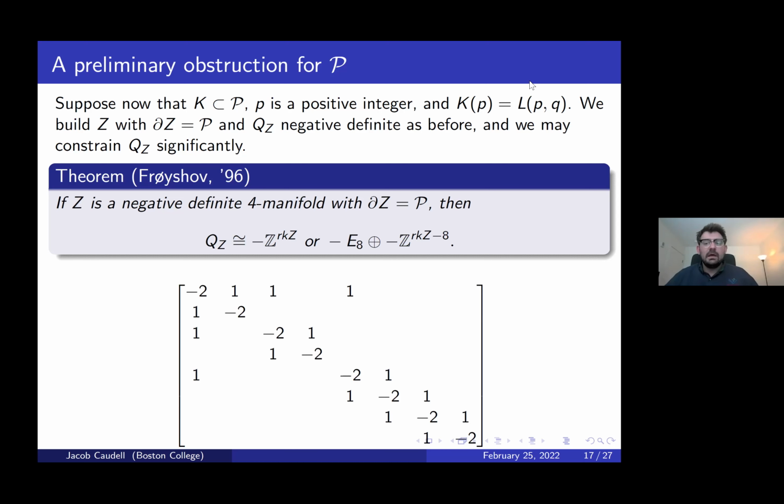The Heegaard Floer homology splits along spin^c structures of Y. And if you're not familiar with spin^c structures, consider Y to be a rational homology sphere, so its second cohomology group is finite.